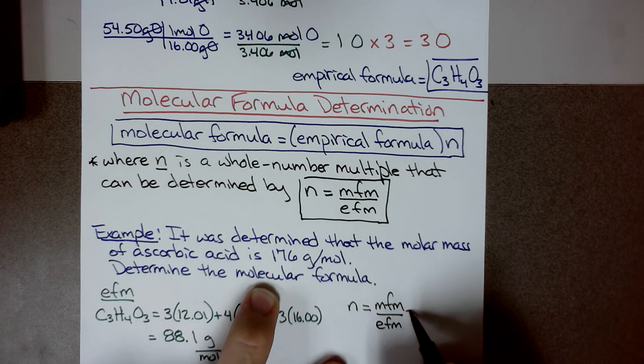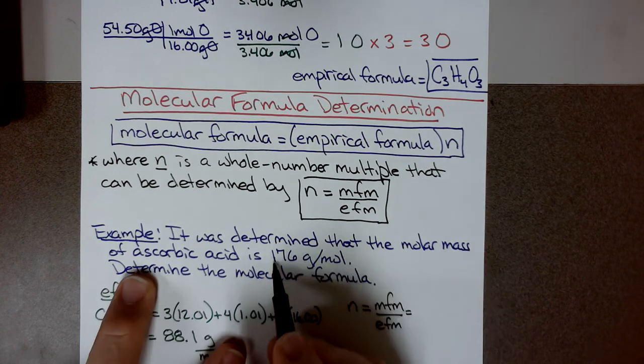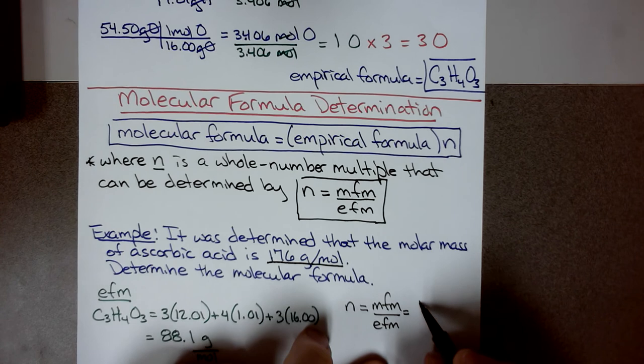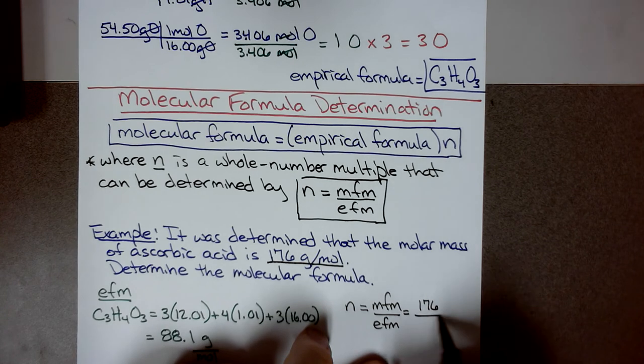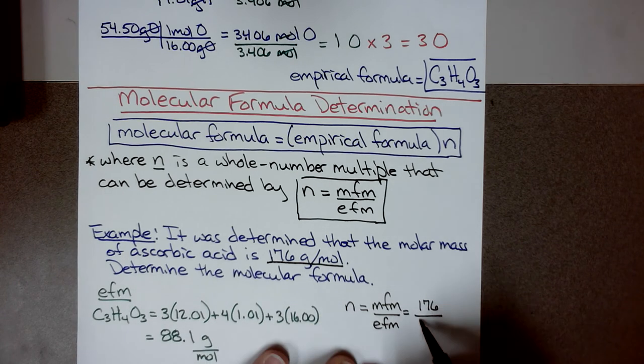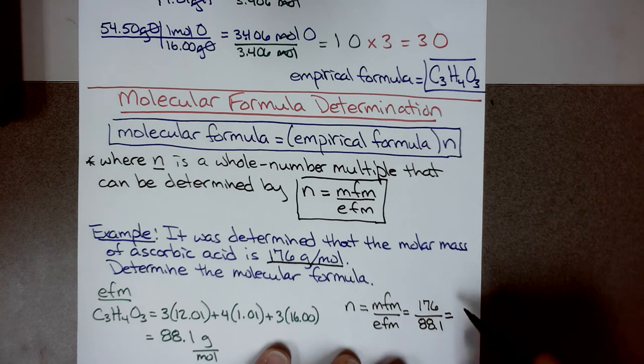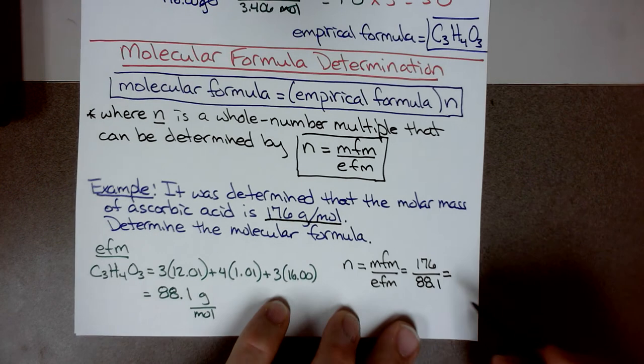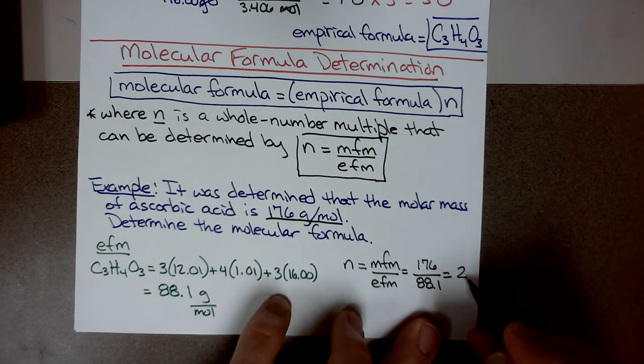MFM is this value right here, the molecular formula mass. So I'm going to put 176 over 88.1, and when you divide that, it comes out to be like 2.0008. So this will be a whole number of 2.